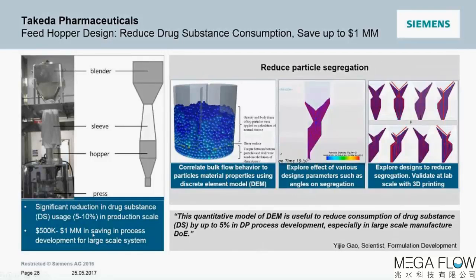And as a result, almost up to $1 million of savings could be realized when developing the large-scale system. So you can see the impact of using simulation in such a complex system, where simulation was used not only in validating the design, but also in the scale-up phase.